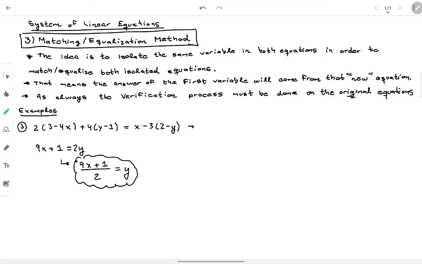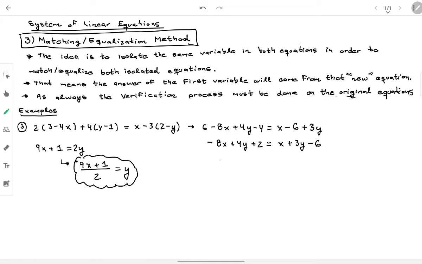Let's see, it's going to be 6 minus 8x plus 4y minus 4 equals x minus 6 minus multiplied by minus, it's plus 3y. It's going to be minus 8x plus 4y plus 2 equals x plus 3y minus 6.